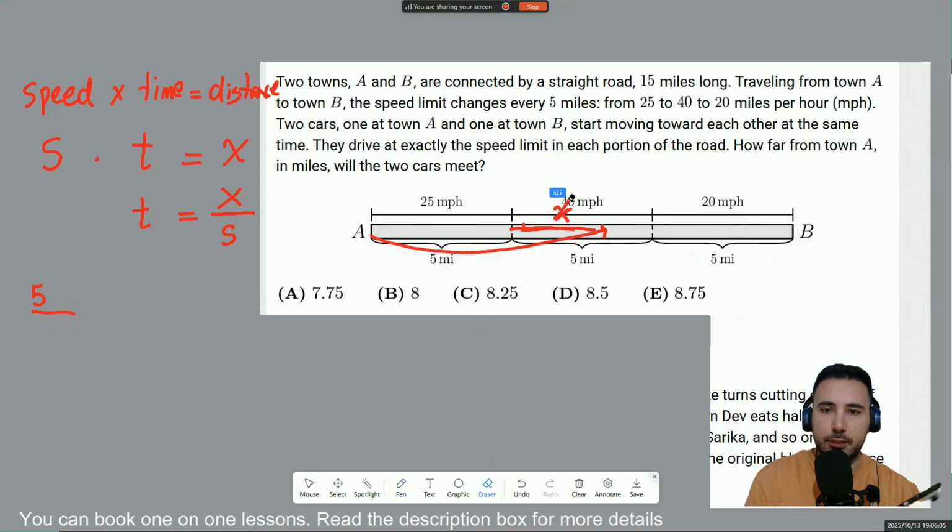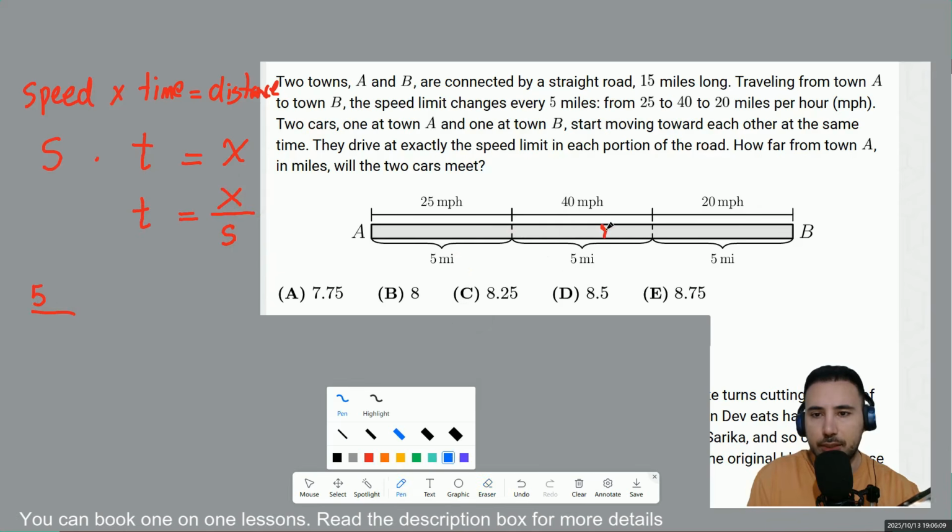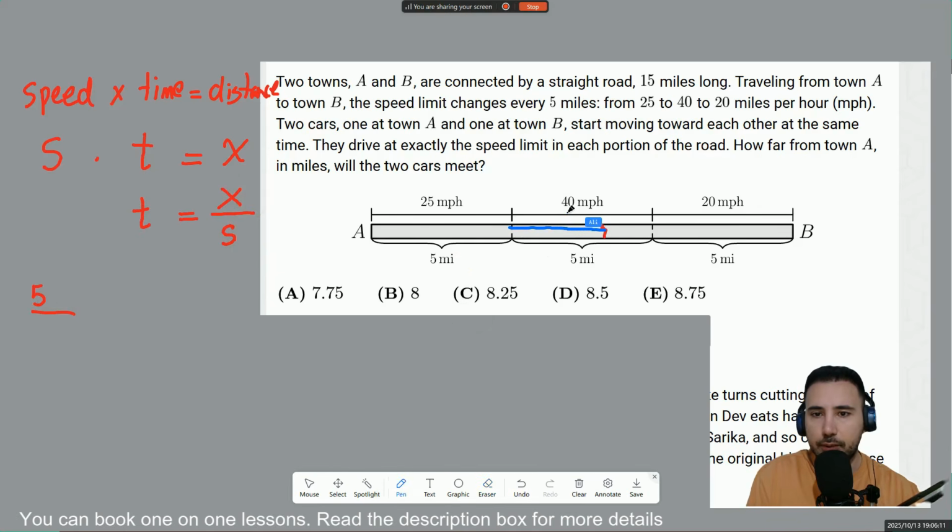So let's change the color so that we reinforce it. So this one is just X, right? So the distance car A goes is a 5 and an X. So we have the distance. We need to divide it by the speed. So divide it by 25 or 40 because the speed's changing.